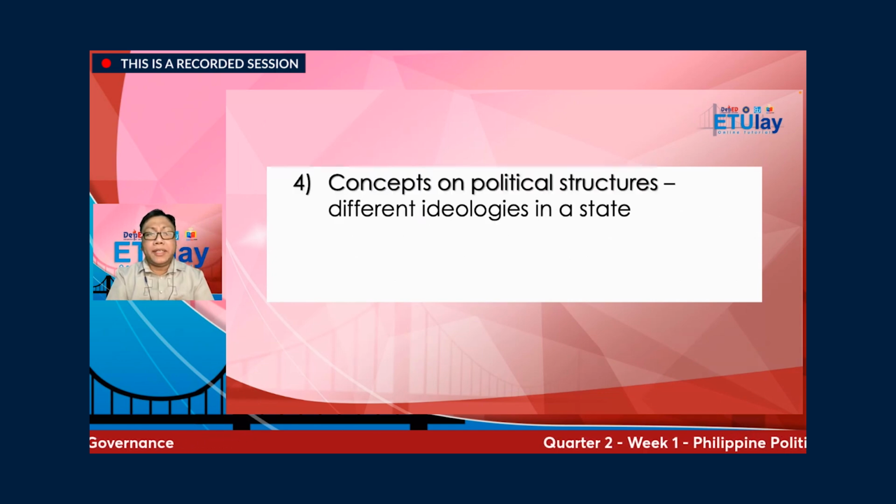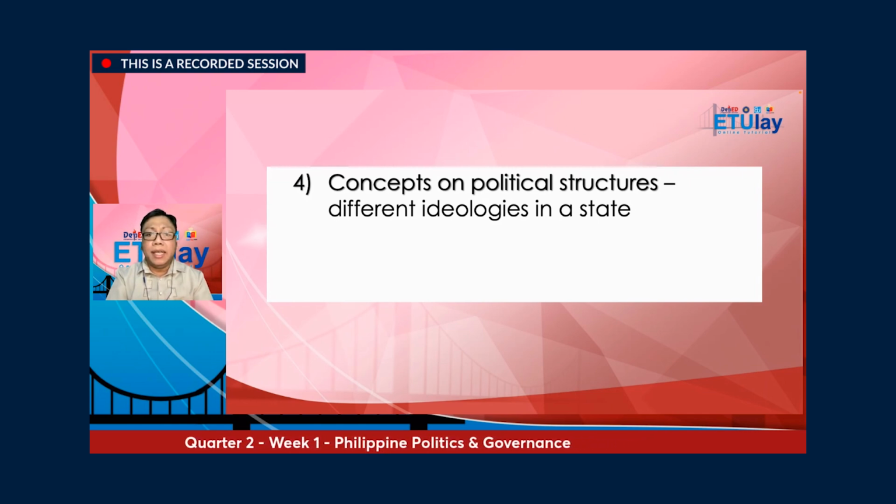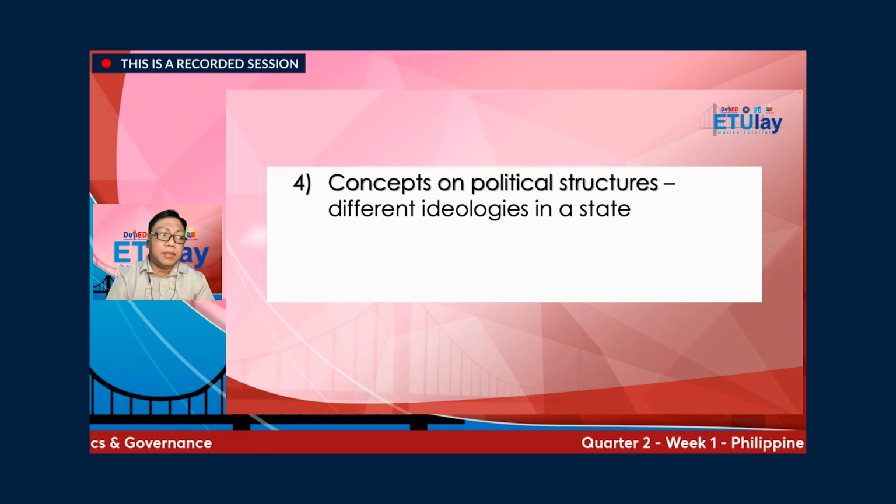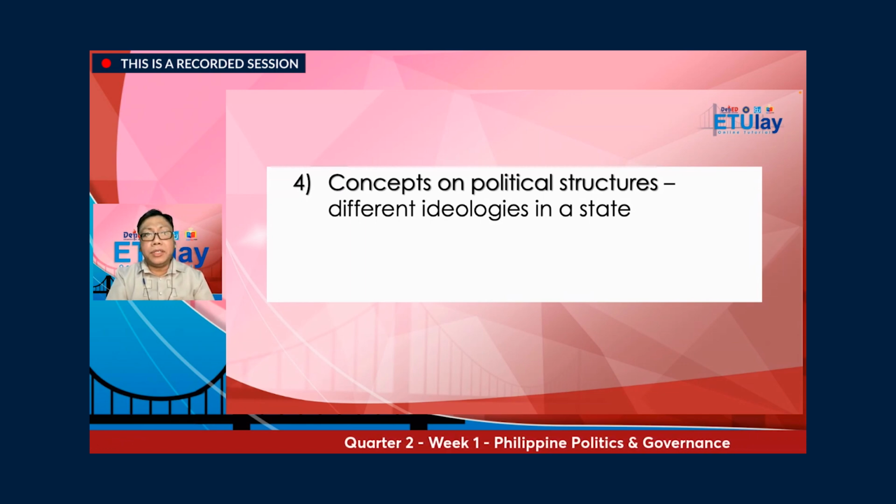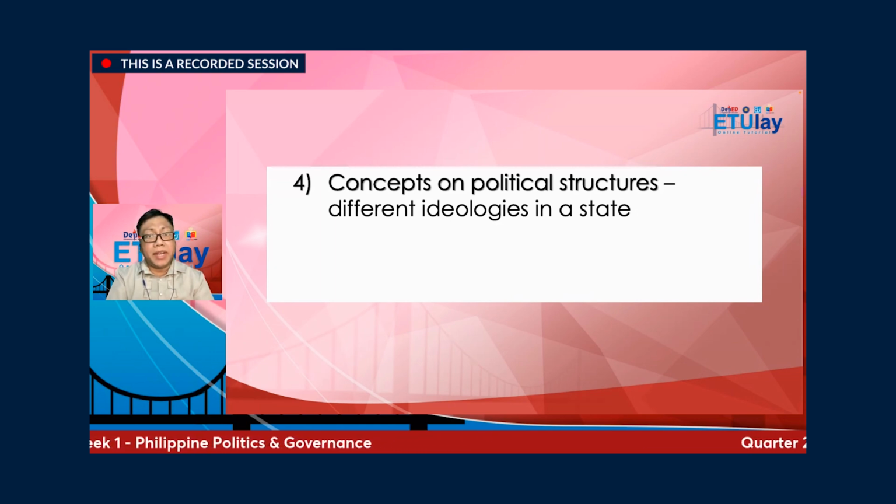And the fourth is the concept of political structure. So this means the different ideologies in a state. So we believe that in politics, it is normal to have different ideologies by means of the party system. These are normal structures, and no two individuals are exactly alike in our opinions, and we might have different views of reality.